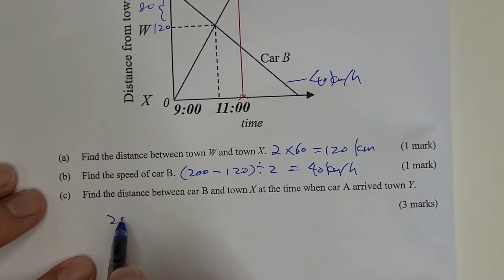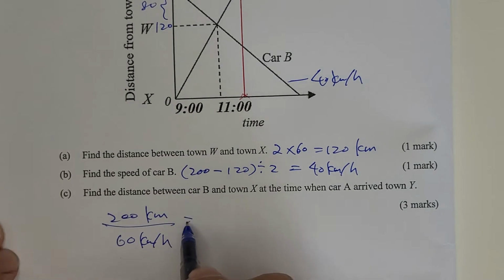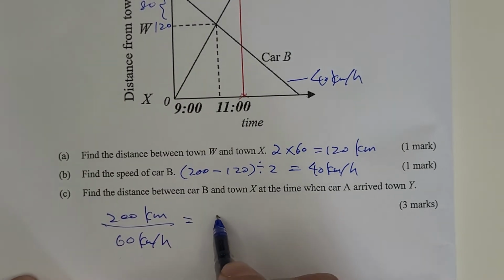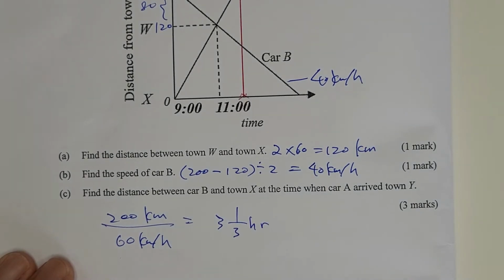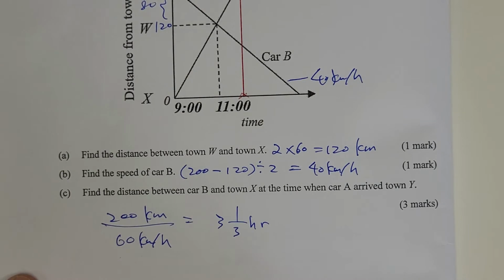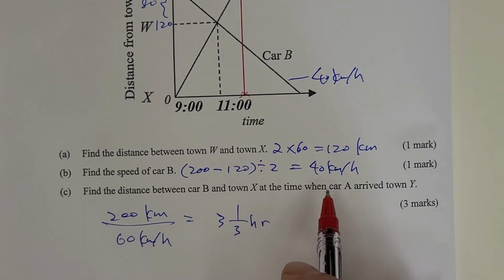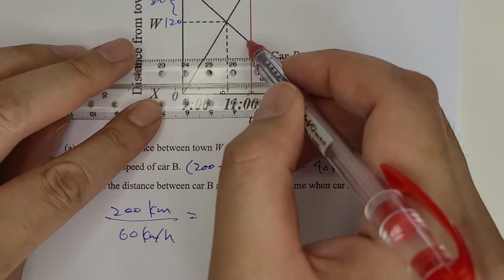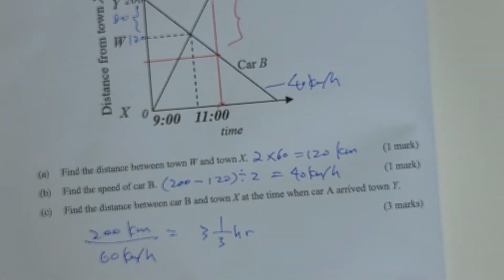So 200 km divided by 60 km per hour, that is 3 1/3 hours. And at 3 1/3 hours, you need to multiply by 40, so you will know how long car B travels. That means you are finding this one.